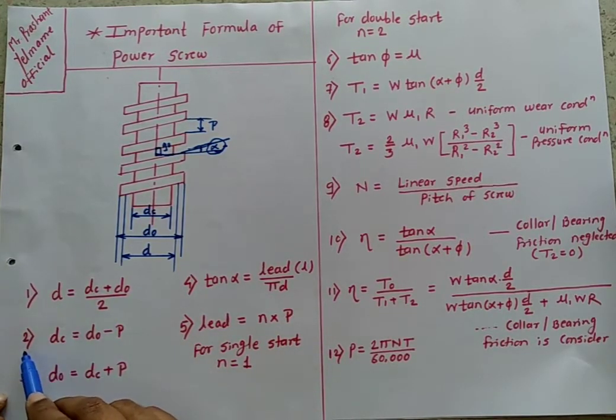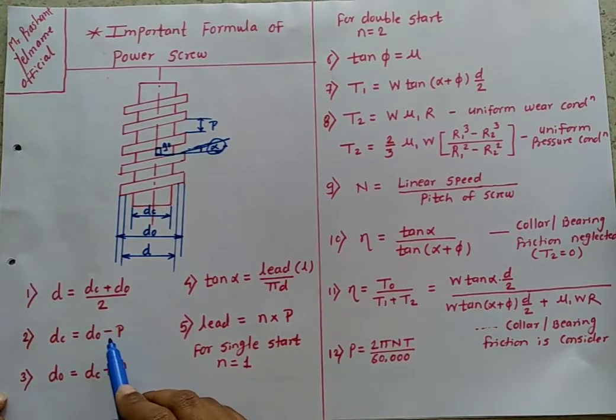Then the second formula is dc. dc is core diameter. Core diameter is equal to do minus pitch. do is nominal diameter and pitch is the adjacent distance between screw threads. Then the third formula, do is equal to dc plus pitch, modified by this formula.